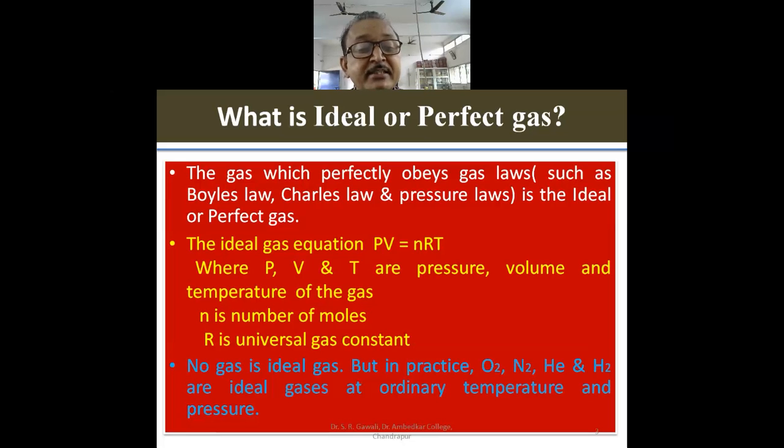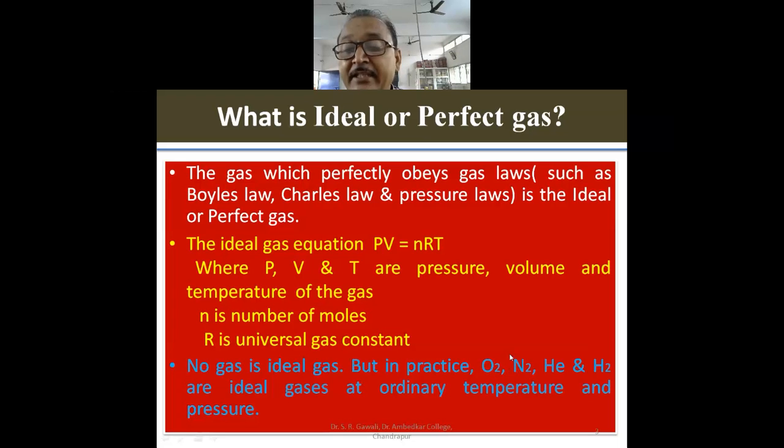In actual practice, no gas is the ideal one. However, in practice, we will consider oxygen, nitrogen, helium, hydrogen as the ideal gases at ordinary temperature and pressure. Why are these gases called ordinary ideal gases? Because these gas molecules should obey the gas laws at all temperature and pressure.